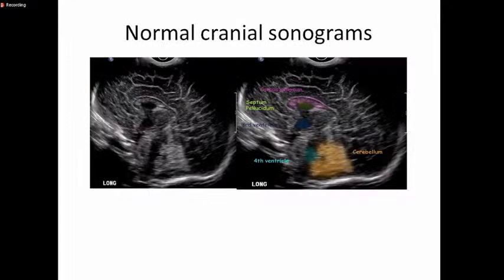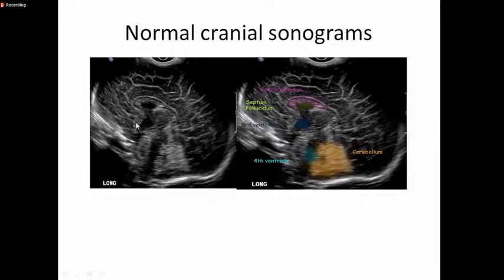It's very easy. And when you do cranial sonography, this is what you see. This is a sonogram done from the anterior fontanelle. You can see the probe there, and you are seeing the brain.